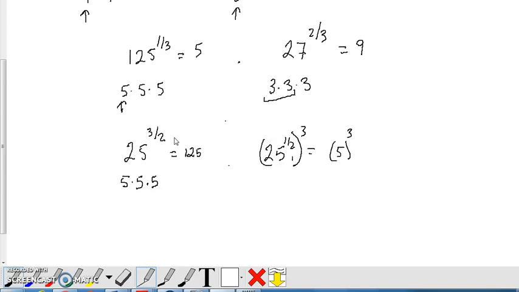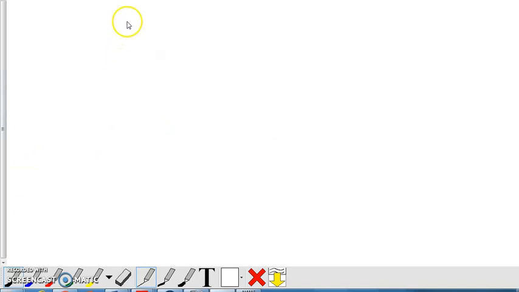Okay, so how can I rewrite these fractional exponents into radicals, right? So we're going to call this the exponent law for rational exponents. Okay, so I want to prove this information.